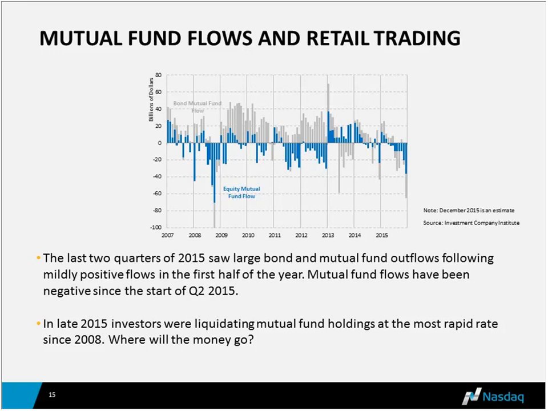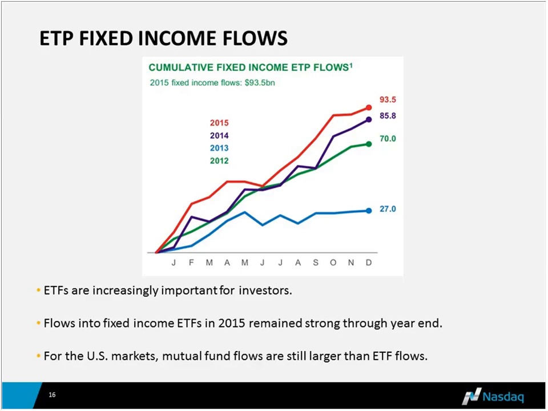If the world comes to an end, it could come back to the market fairly quickly. If it doesn't, we know it's not going into oil because of the way oil prices are behaving. But there is a significant move to the sidelines, at least in the mutual fund piece. Exchange traded funds, they're not as big an animal by any means as mutual funds. They're big and more important than they used to be, but they're not huge. Again, this is just flows over the course of the year, 2012 to 2015 up here in red.